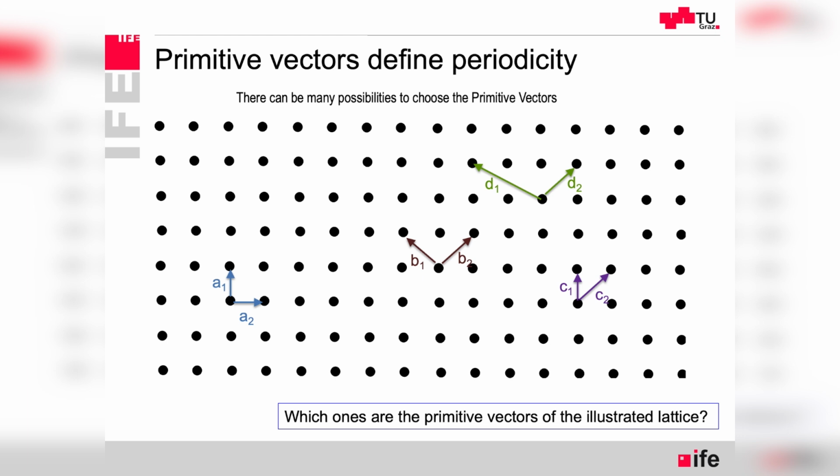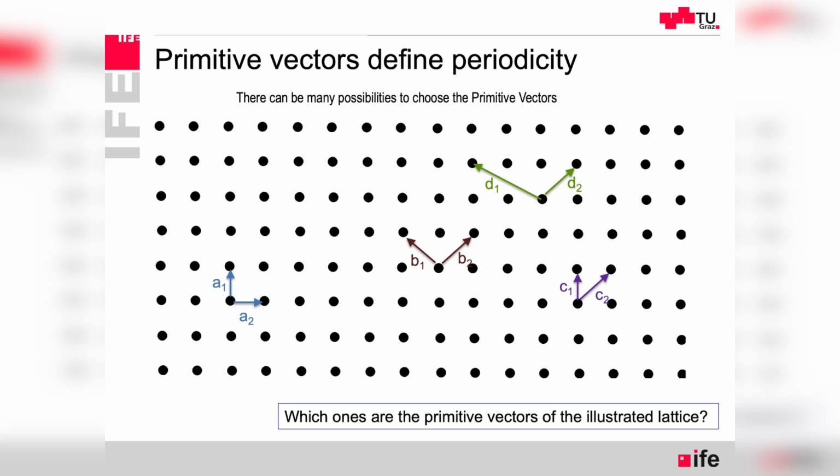And the primitive vectors for this lattice are such that they can actually construct it. In this case, we can see that with C1 and C2, we can also form this lattice. With D1 and D2, we can also form the same lattice. But for example, B1 and B2, that's a bit misleading.